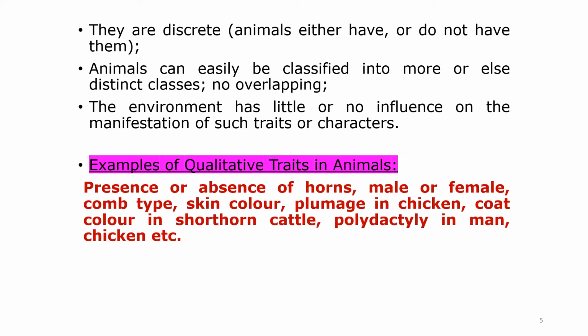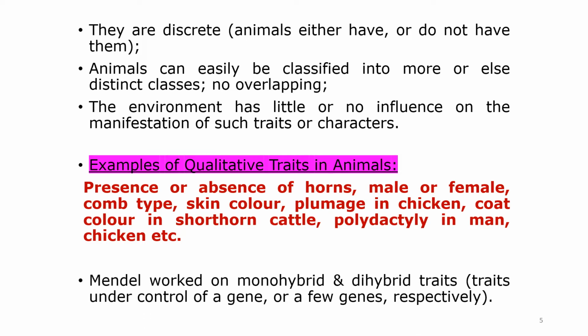Here we have some examples of qualitative traits in farm animals, like the presence or absence of horns, male or female, skin color, plumage in chicken, polydactyly in man, and also in chicken. These are some few examples of qualitative traits that are found in farm animals.